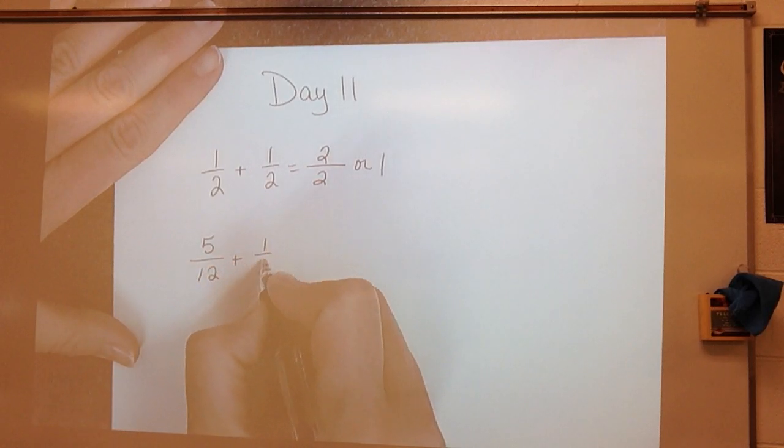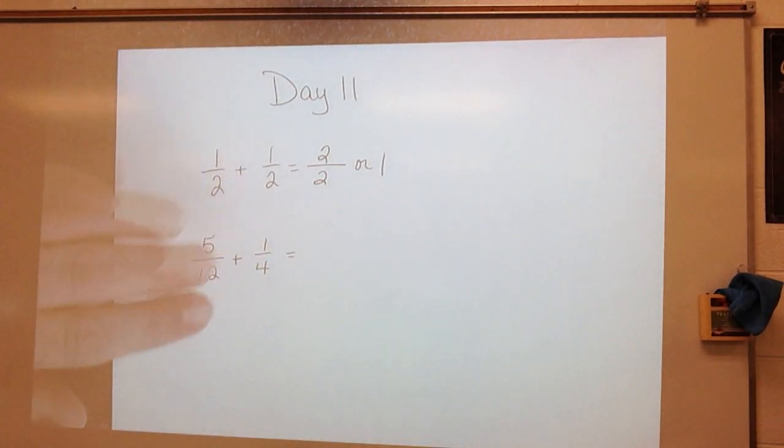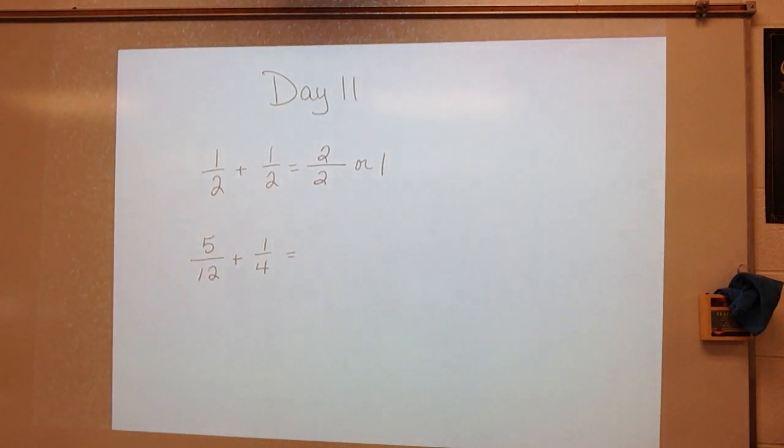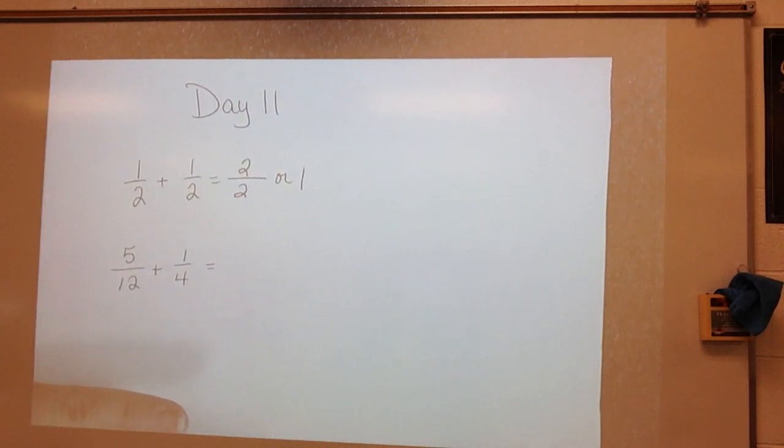So let's do 5/12 plus 1/4. I do not have the same denominator, so I have to figure that out. I have to change that. They all have to have the same denominator. So like I said, normally what we would do is we would find the least common denominator. What is the smallest thing they have in common?